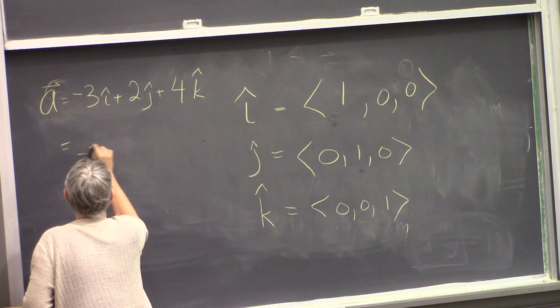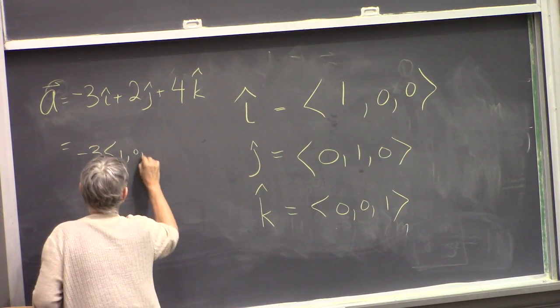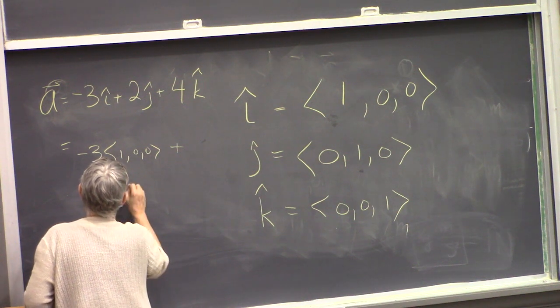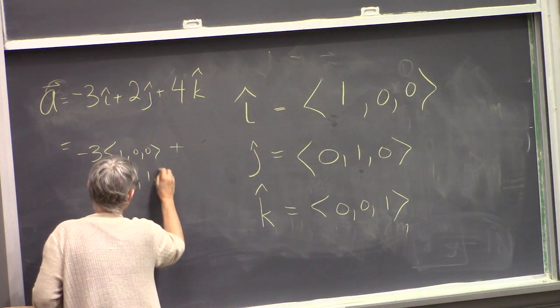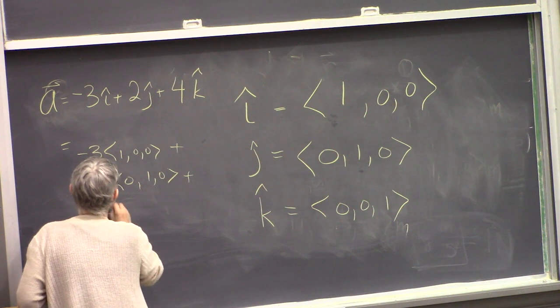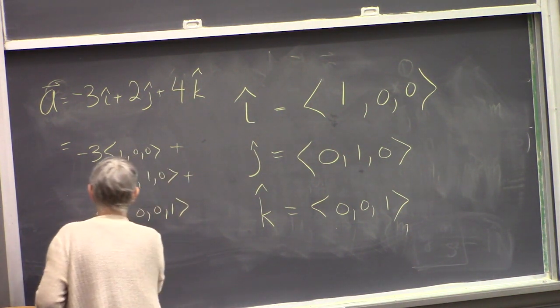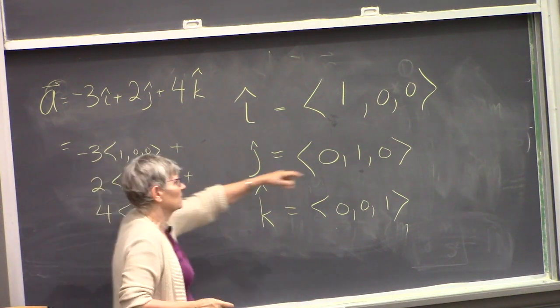So that would be negative 3 times 1, 0, 0 plus 2 times 0, 1, 0 plus 4 times 0, 0, 1, which is indeed going to come out to the same vector.